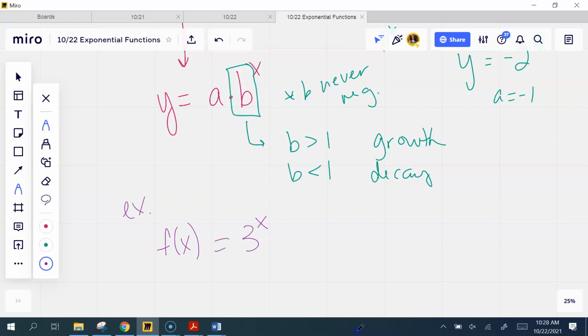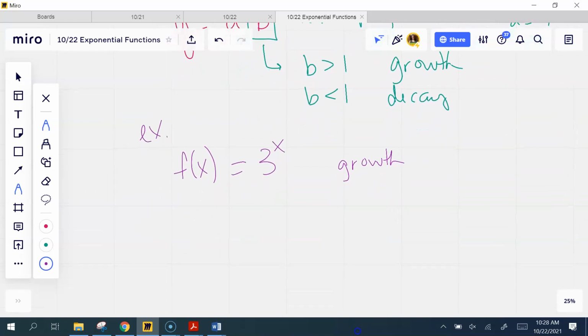Is that an exponential? Growth or decay? Why? That's exactly right. How about this one? Exponential or nah? No, this is not exponential.